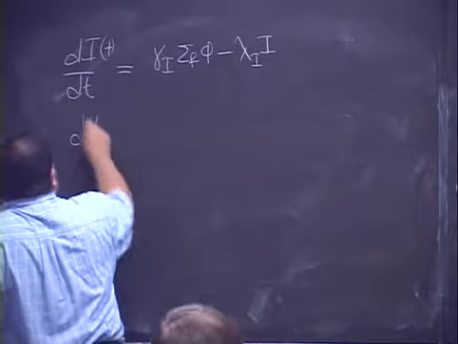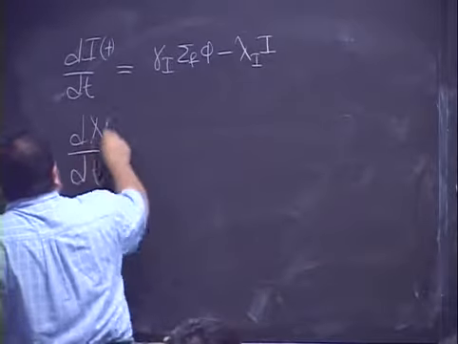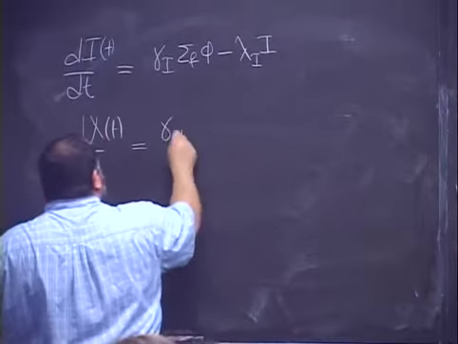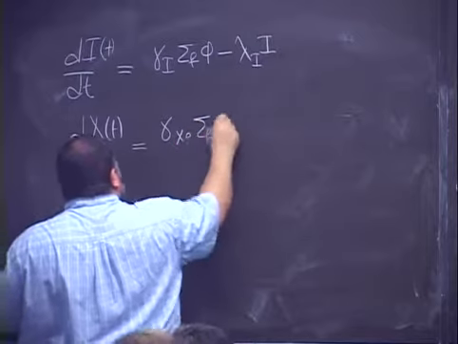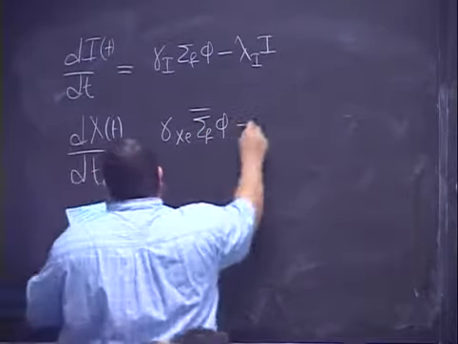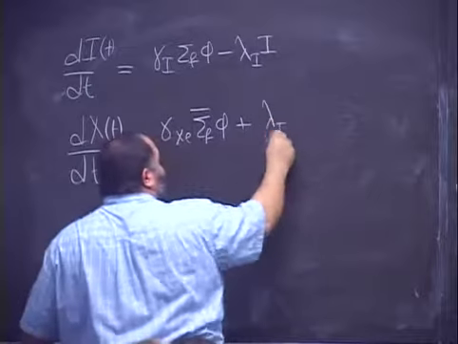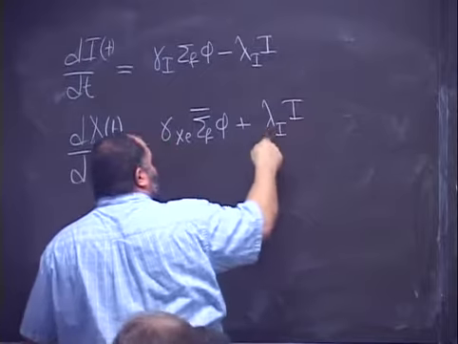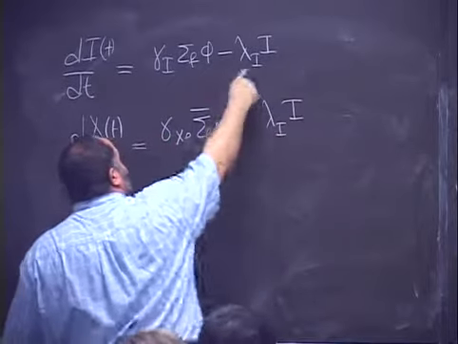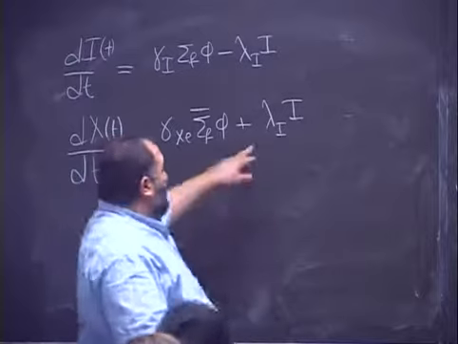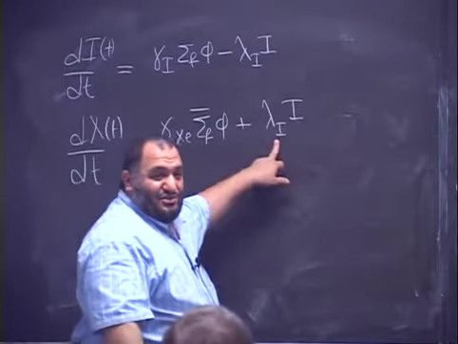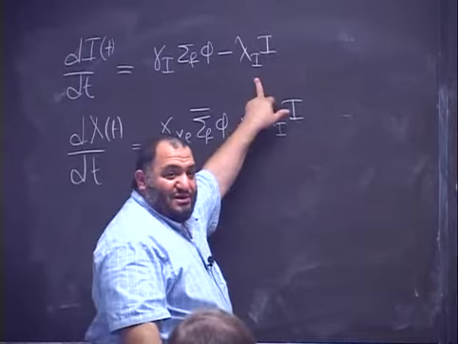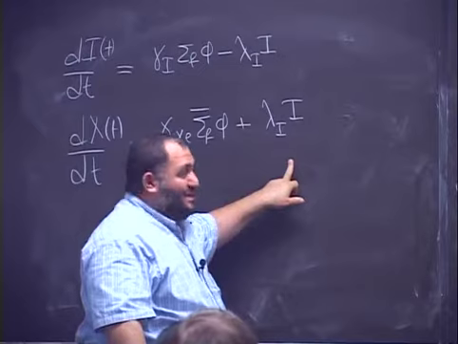So the second equation is dX/dt, and this is equal to, what's the first term? Where you also produce xenon from the decay of iodine. So all the decayed activity of iodine will show up as xenon.